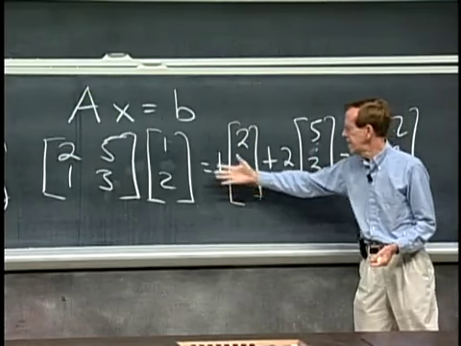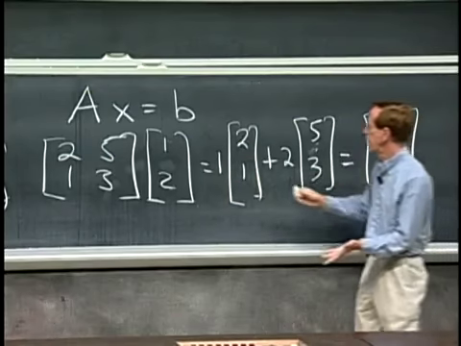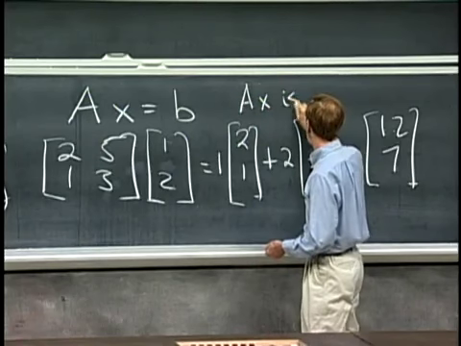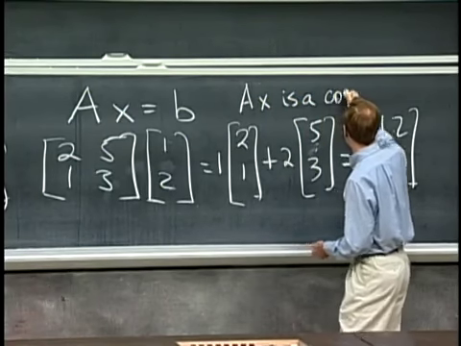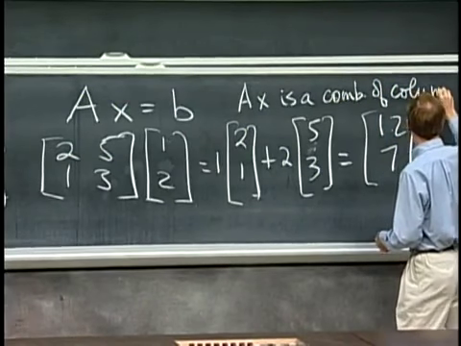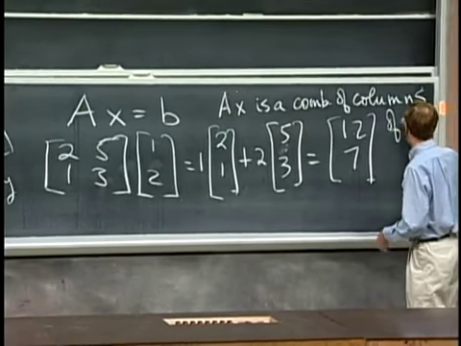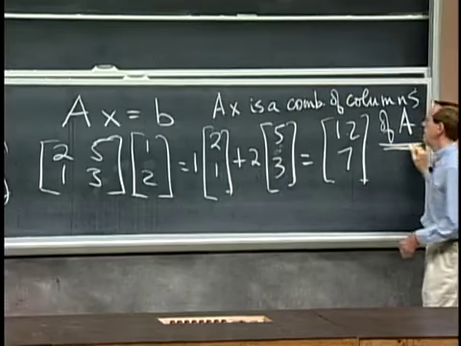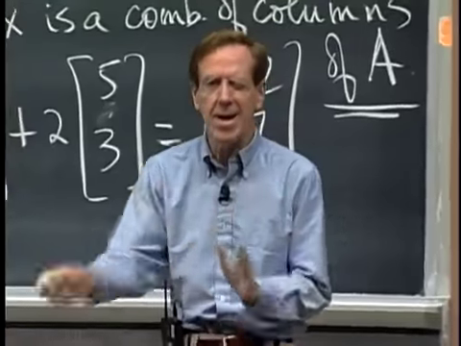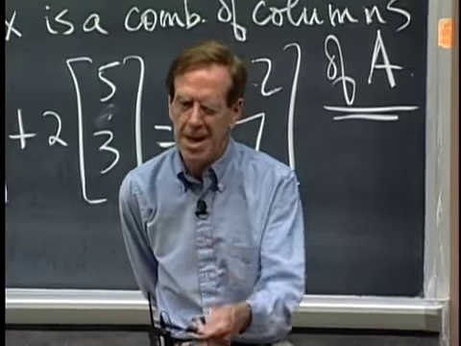I see this as a linear combination of the columns. So here's my point. A times x is a combination of the columns of A. That's how I hope you'll think of A times x when we need it.